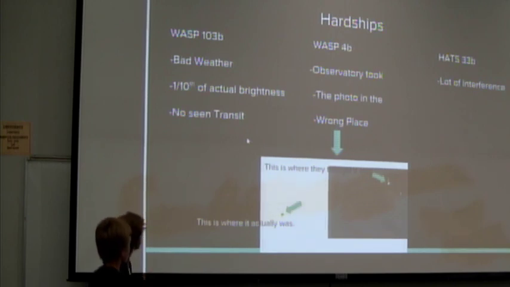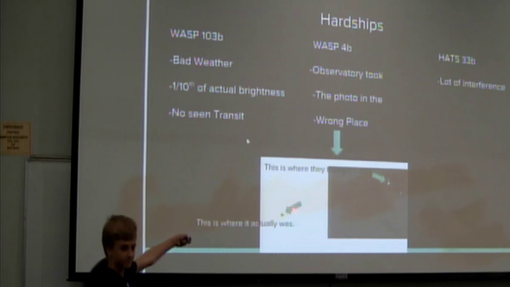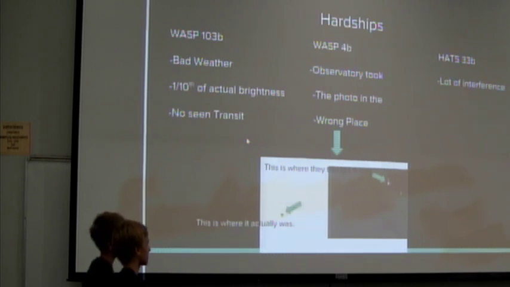And the worst part, we didn't even see a transit. There was supposed to be a transit, but we didn't see it. And for WASP-4b, the observatory took the photo in the wrong place. They thought the star was right here, when actually it was way over here. And for HATS-33b, lots of interference and noise.